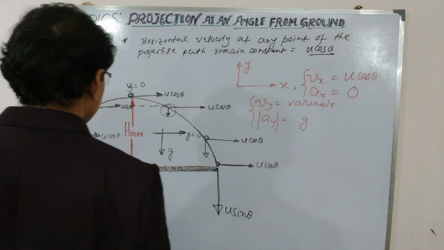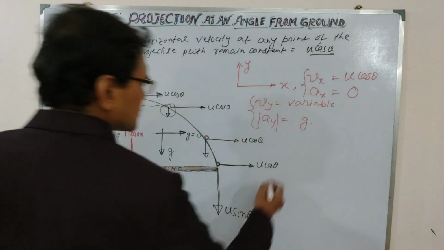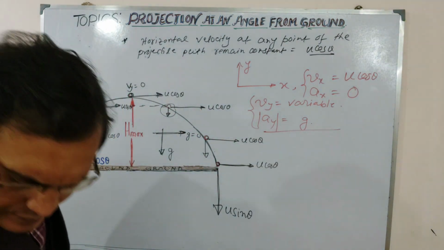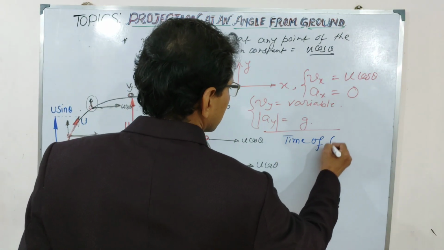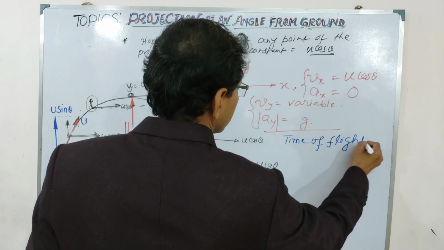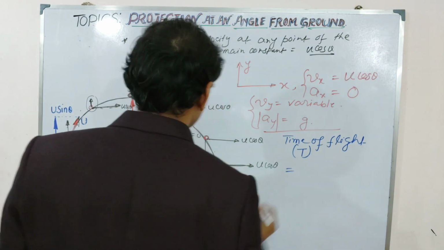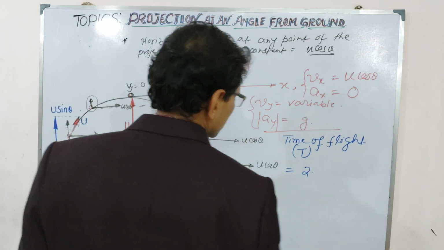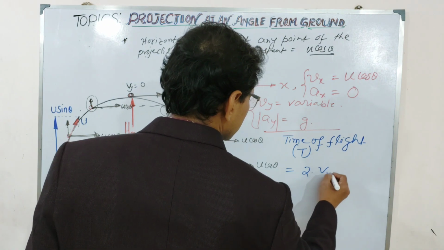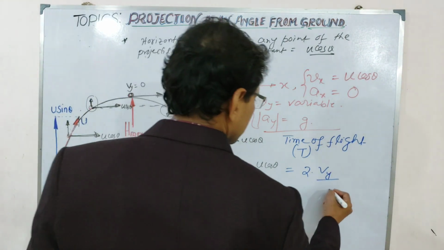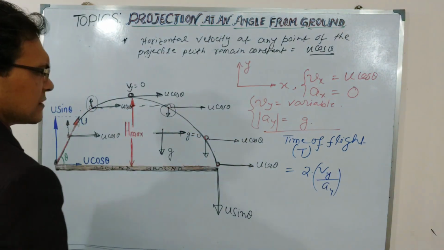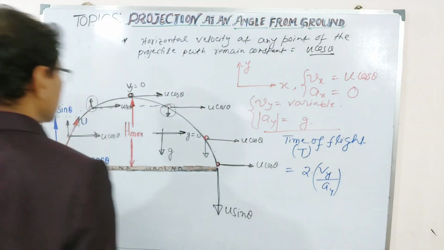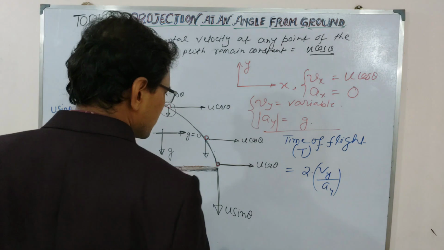So to find the time of flight, t equal to 2 Vy by Ay. We take this because along the y direction the vertical velocity is 0 at the top.